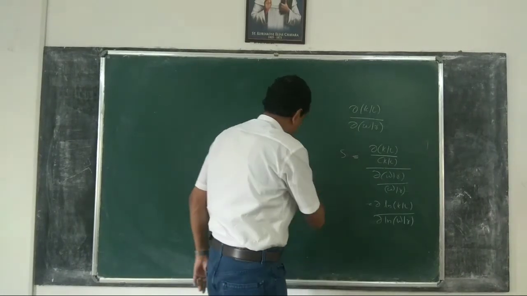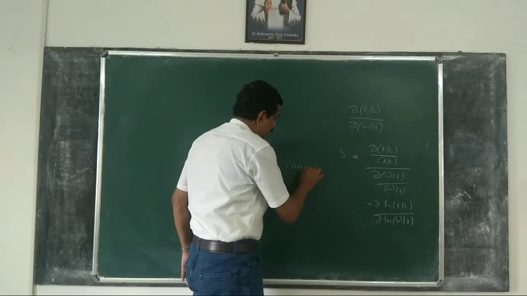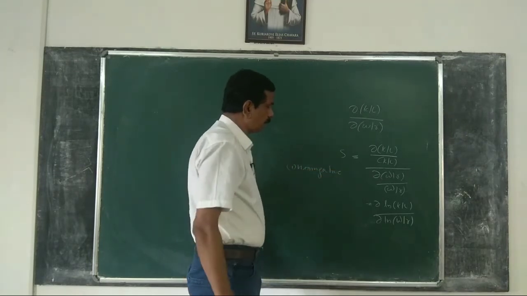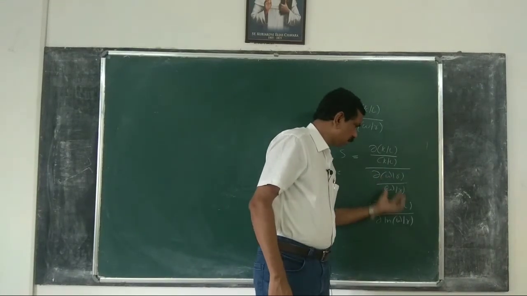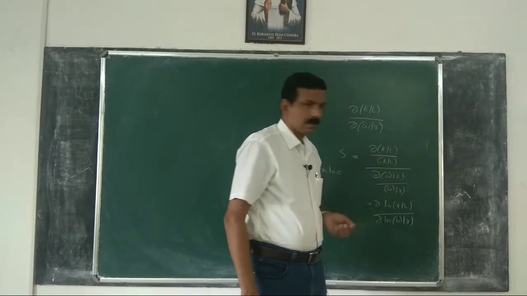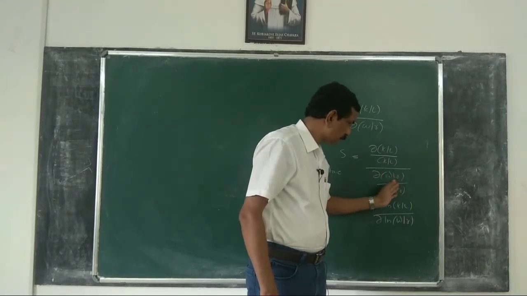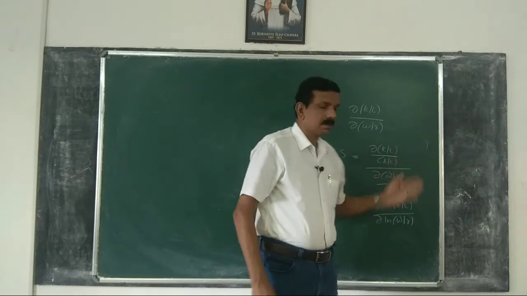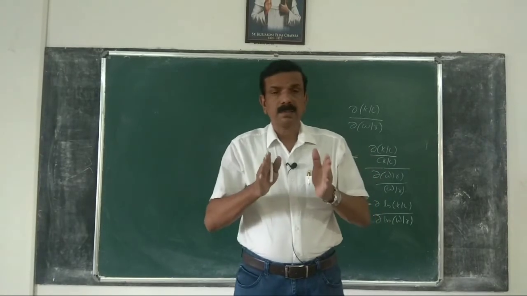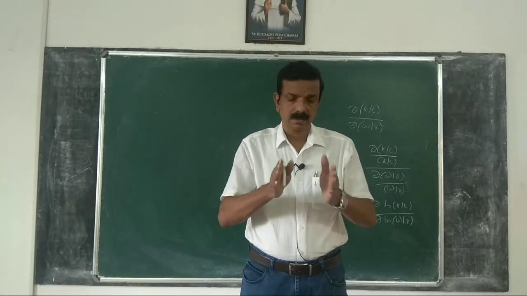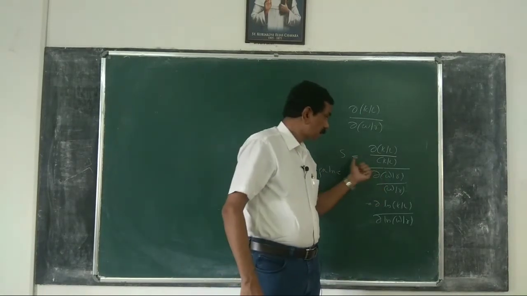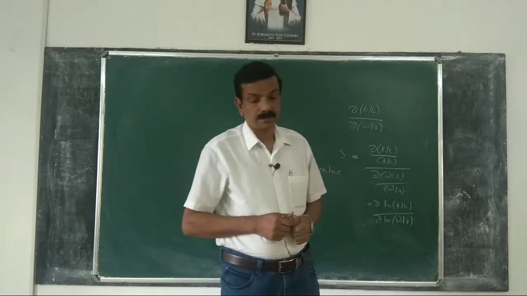This quantity S is non-negative, because if W increases relative to R, K by L also increases, and vice versa. So an increase in W by R is followed by an increase in K by L. So S is always non-negative.